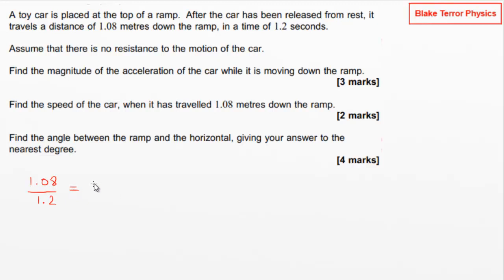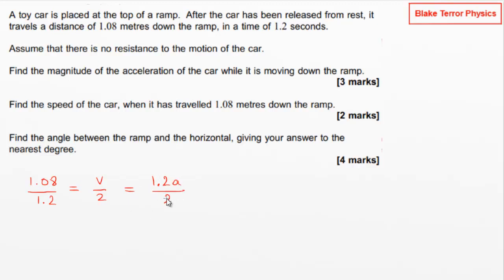We know that that's going to be the final velocity divided by 2, so that's our v over 2. And that's also going to be equal to the accumulation of the acceleration, so that is going to be equal to 1.2 times a over 2.